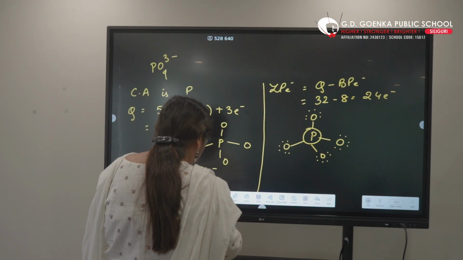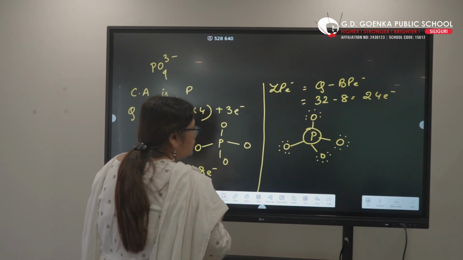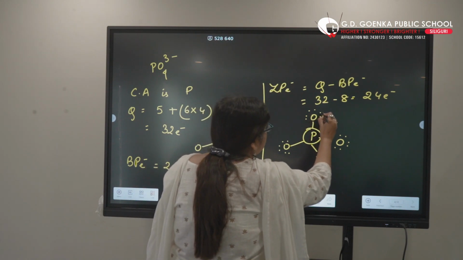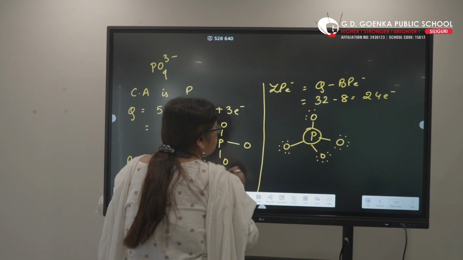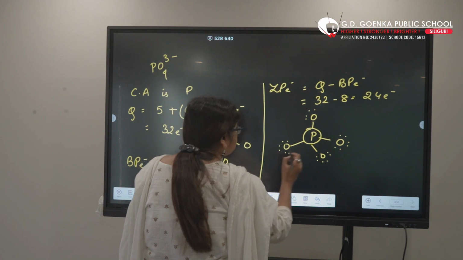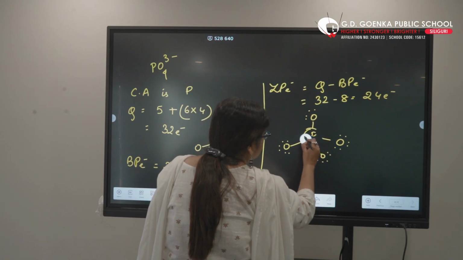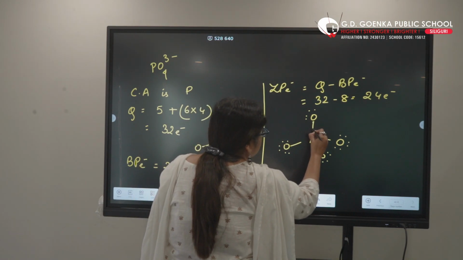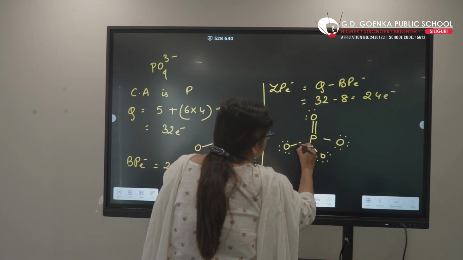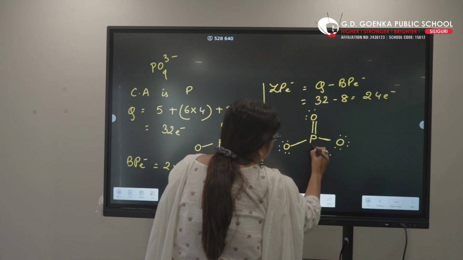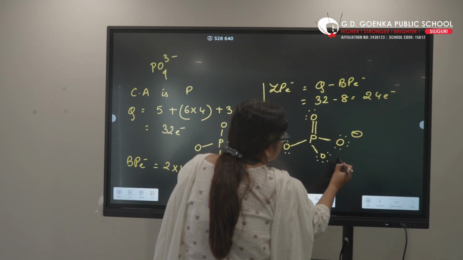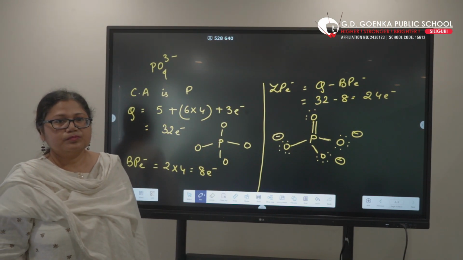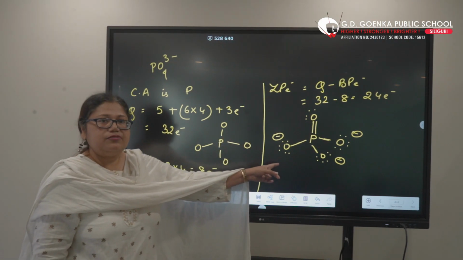So let us see how we can satisfy the octet or the maximum covalency of phosphorus. We'll convert one lone pair into a double bond. Calculate the charge on the individual atoms.